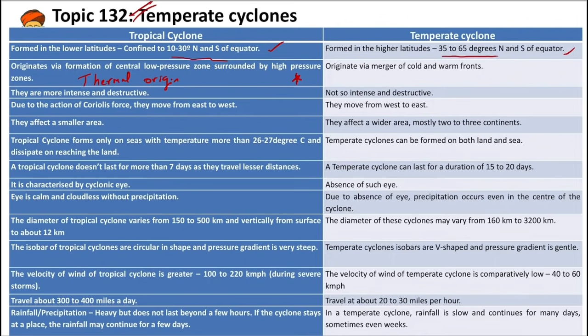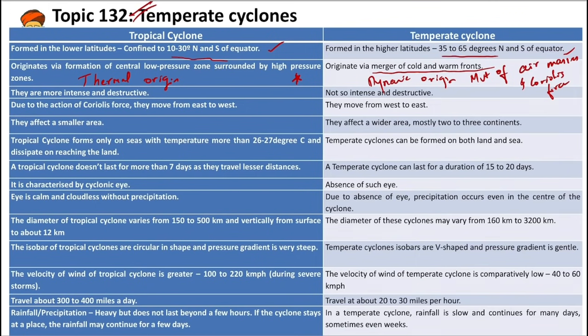When it comes to temperate cyclones, majorly here it is dynamic origin. It is majorly because of the movement of air masses and also Coriolis force. Here it is dynamic origin, I can call it. They originate via the merger of cold and warm fronts because of the movement of air masses.